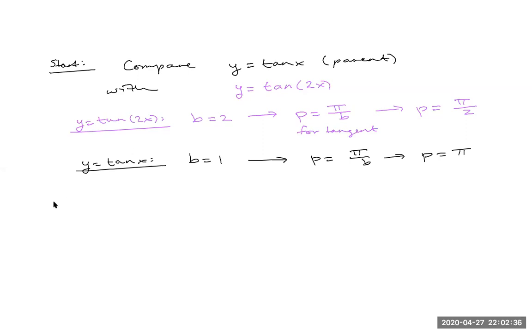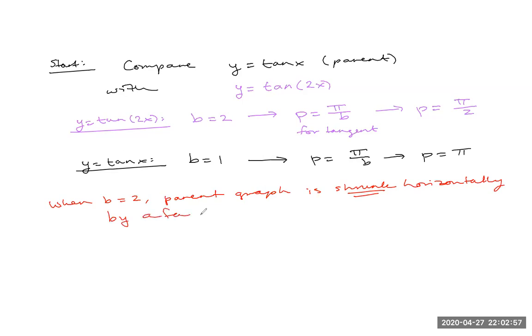So first thing, when b equals 2, the parent graph is shrunk horizontally by a factor of 2.